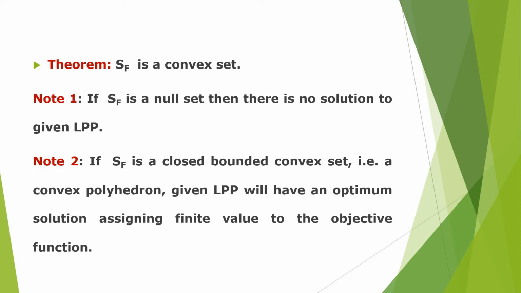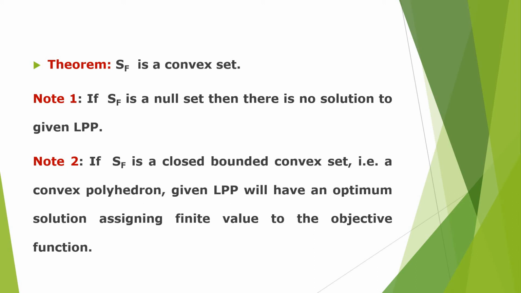This is quite obvious. If SF is a closed bounded convex set, that is a convex polyhedron, the given LPP will have an optimal solution assigning a finite value to the objective function.